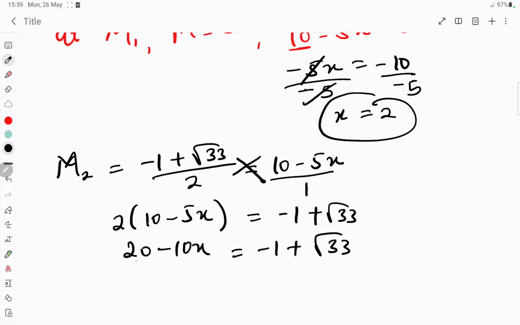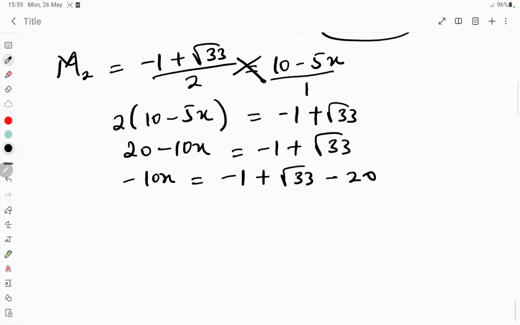Good. I have to subtract 20 from both sides. Minus 10x is equal to minus 1 plus root 33 minus 20. And this is now minus 10x is equal to minus 21 plus root 33.